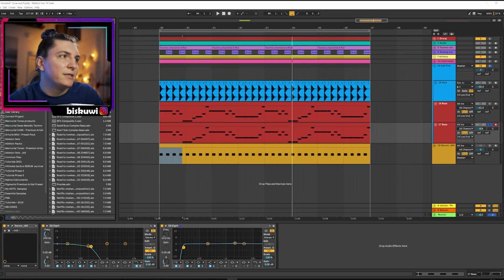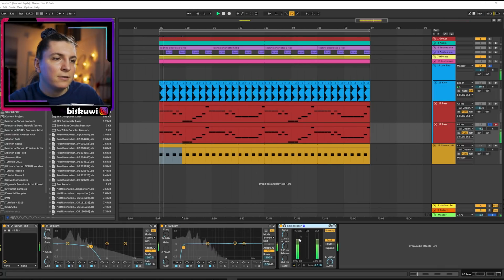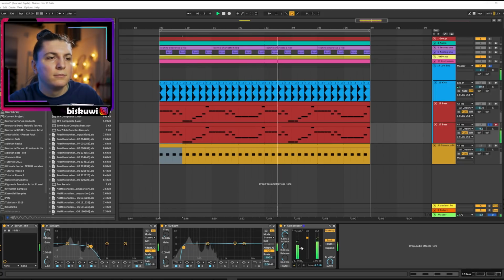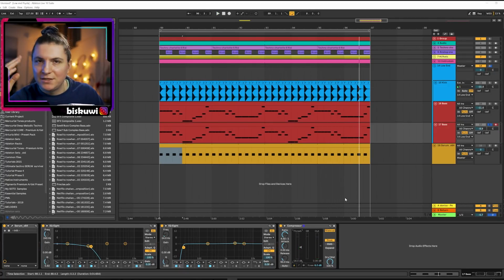So what I would suggest is often to put a compressor and go a bit more aggressive with the ratio. You see that it's sometimes compressing more, sometimes less. It just tries to fix that volume difference.